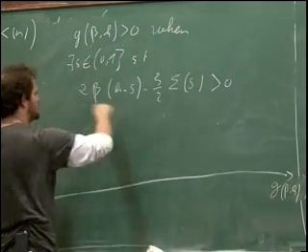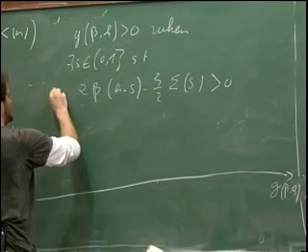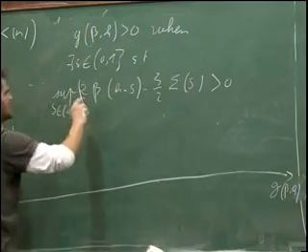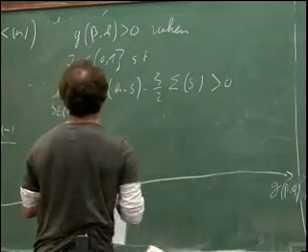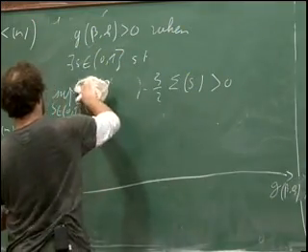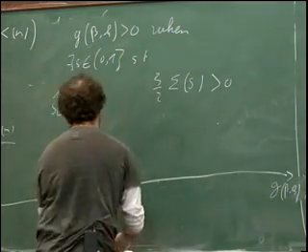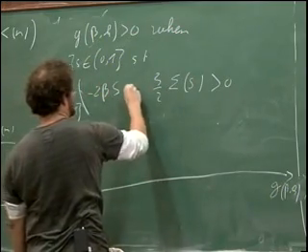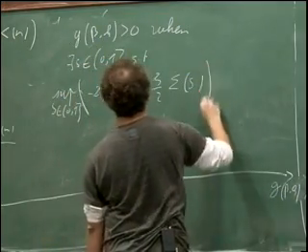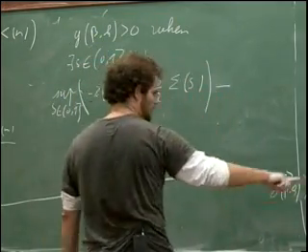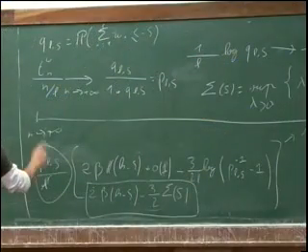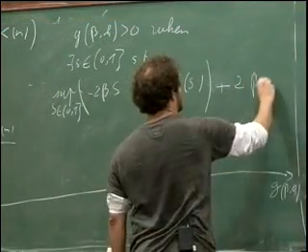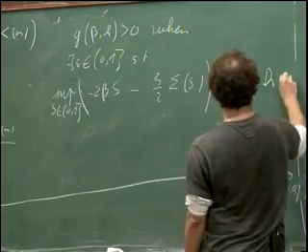Then you can take the supremum over delta in 0, 1, and you want this to be strictly positive.